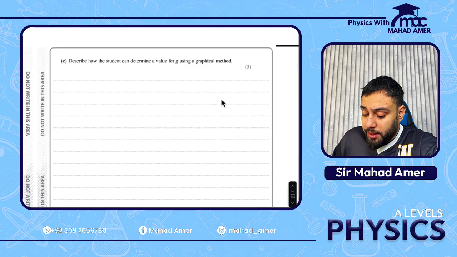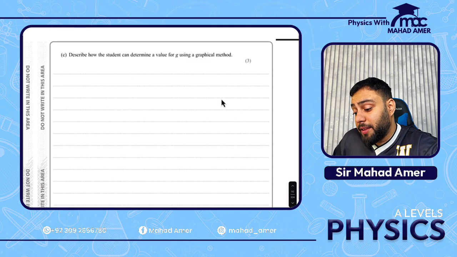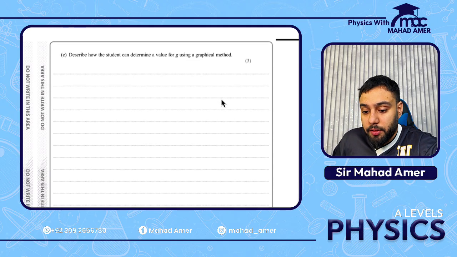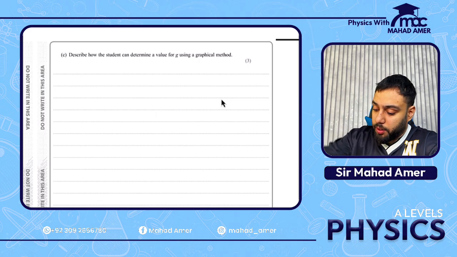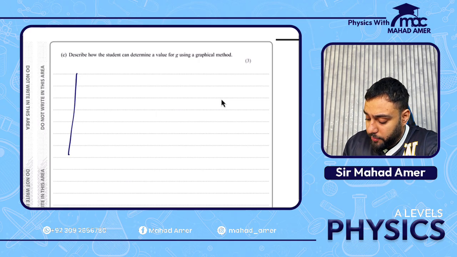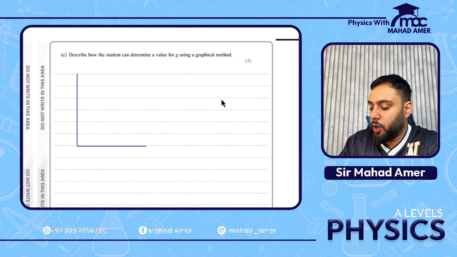Okay. Now they're saying to describe how the student can determine the value of g using a graphical method. First of all, I've got the equation v squared equals 2as, because u is 0.